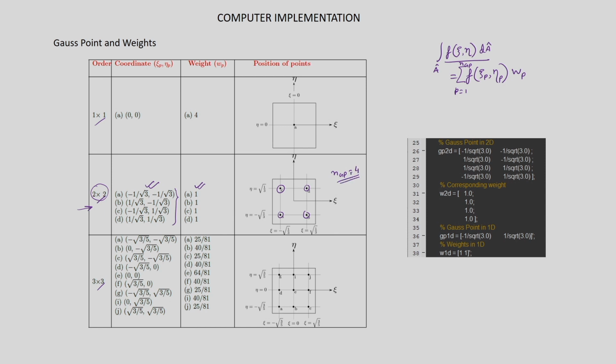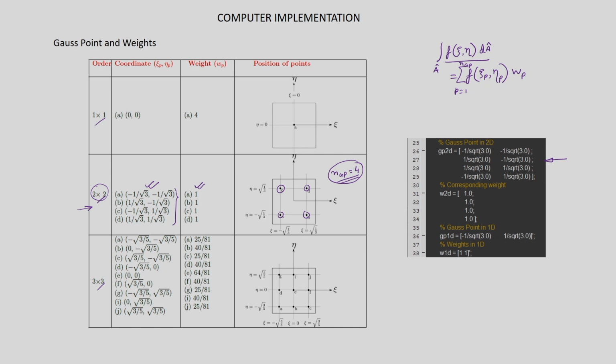In the current code we have followed this 2 by 2 rule, or used these 4 Gauss points, and how it is incorporated in the code is shown over here. This is a snapshot of the MATLAB code that we are going to demonstrate.